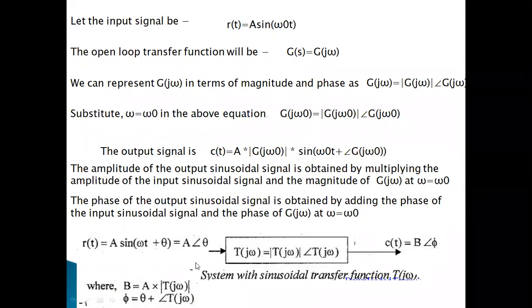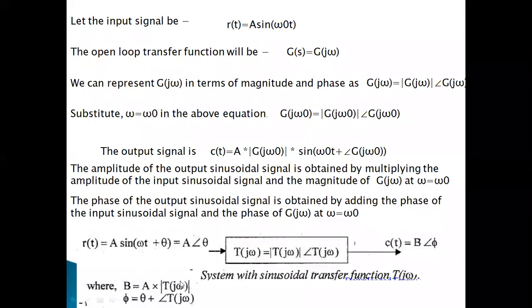Pictorially, I have represented this using blocks. If the input is A sine of omega t plus theta, it is represented by A at an angle of 0, for a transfer function whose output is c of t equal to B at an angle of phi.